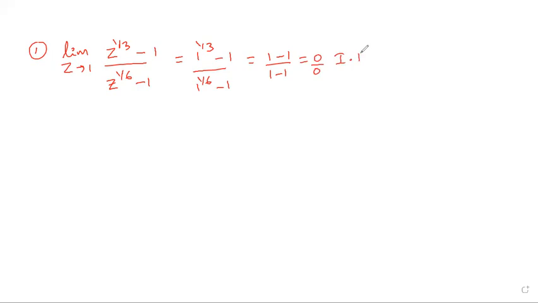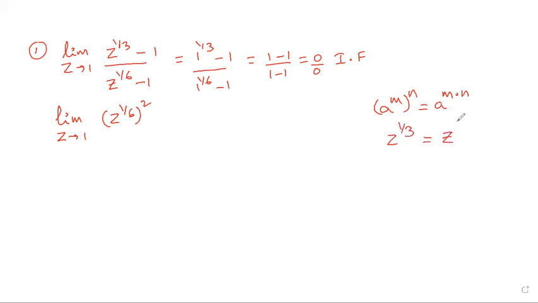It is an indeterminate form. Before going to the derivative method, observe carefully as I write. z^(1/3) is equal to (z^(1/6)) whole square, since (a^m)^n is a^(m times n).